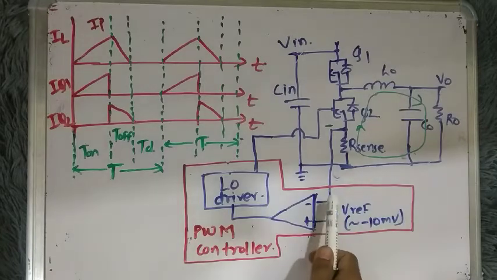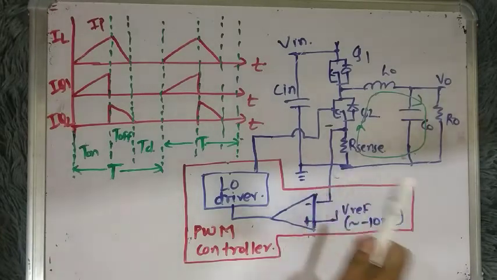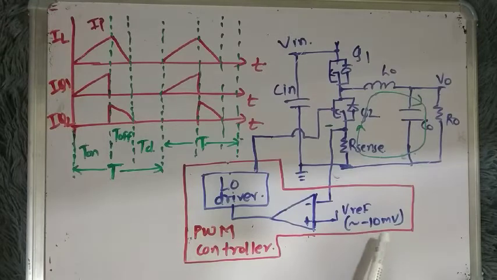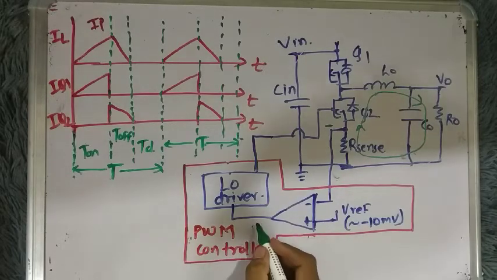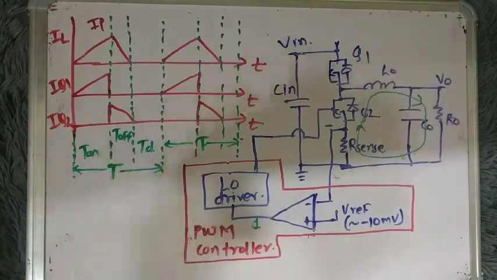So this voltage is more negative than that. That is why the value given to the non-inverting input of the comparator is higher, and so the output of the comparator is high during this time T off, right?